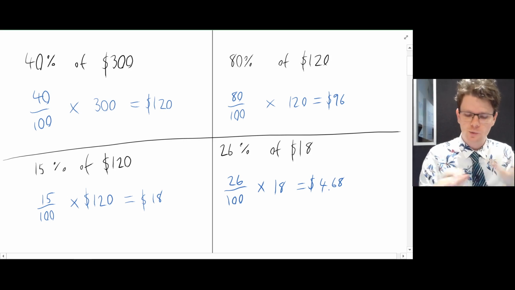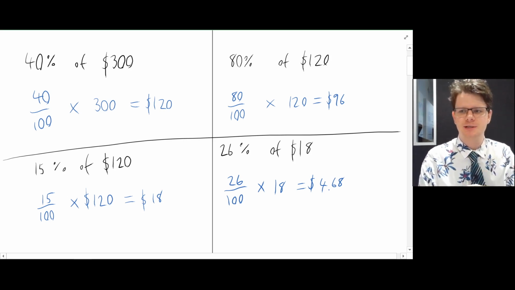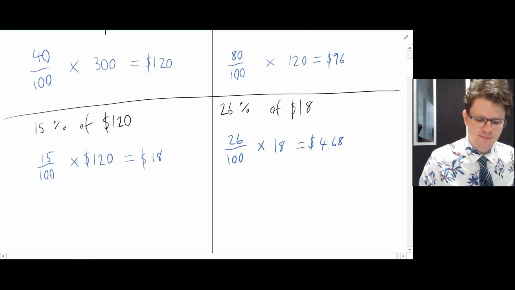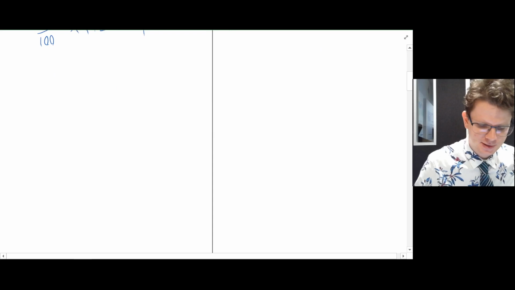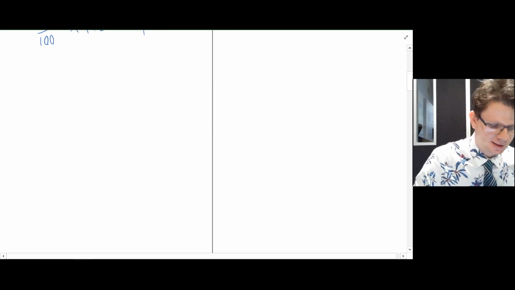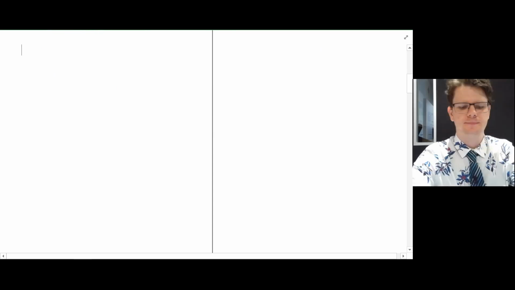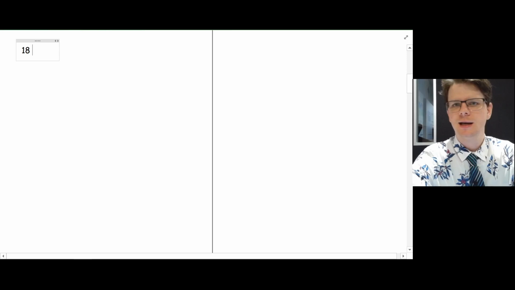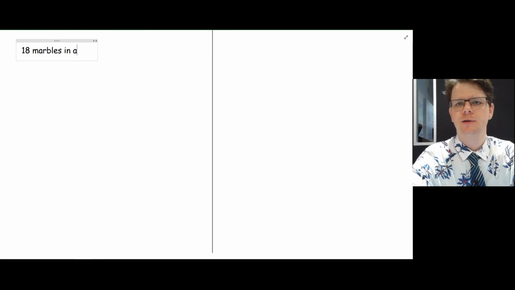Now I want us to look away from that for a second, and instead I want us to be able to do it in a different context. What's that context? It's going to be in finding a percentage. Okay, so let me type out a little story for us to have a look at. 18 marbles in a bag of 40 are red.